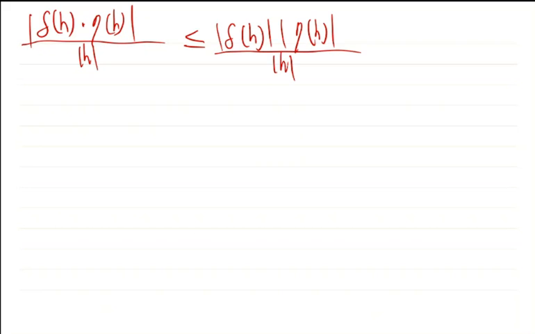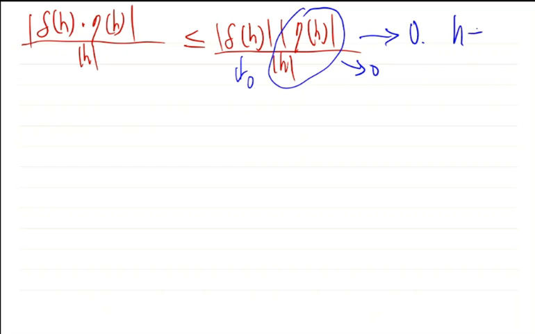But now, for example, eta h divided by h already goes to 0, and delta h also goes to 0. So this is the multiplication of two terms, both of which go to 0. Therefore, the result goes to 0 as h goes to 0. So this proves this important result.